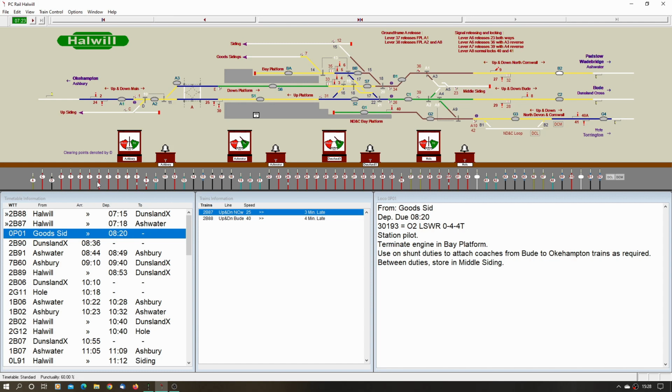Put the signals back. 36. Not sure if it's past that one yet, because the track circuit is before and after the signal. So I'll wait till it's completely clear.